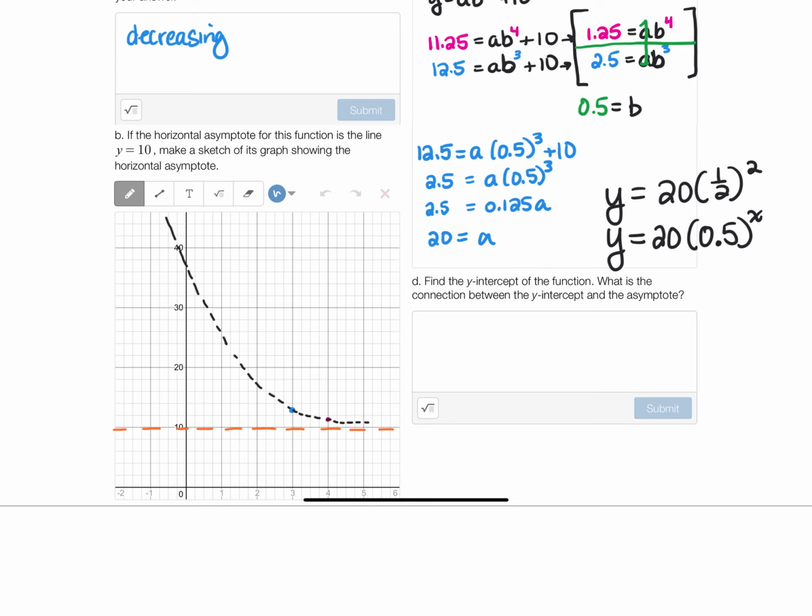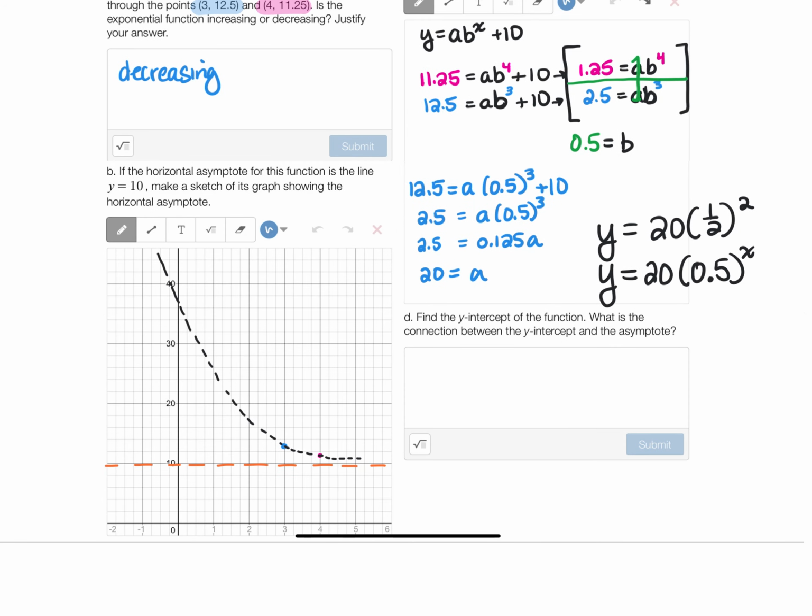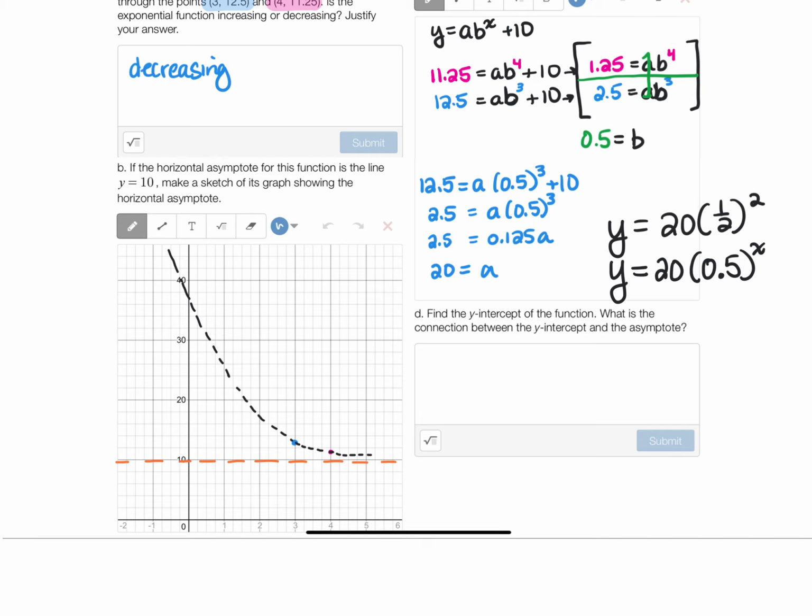All right. So let's find the y-intercept of this function. So the y-intercept is where our graph will cross the y-axis, right? So we're going to plug in 0 for x. So if I plug in 0 for x, I will get y equals, I forgot the plus 10 on these. Let's not forget that. That's really important.